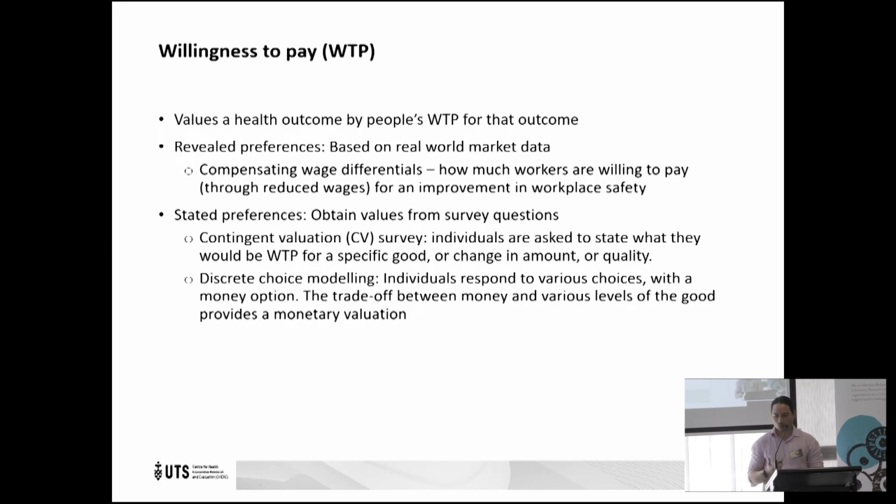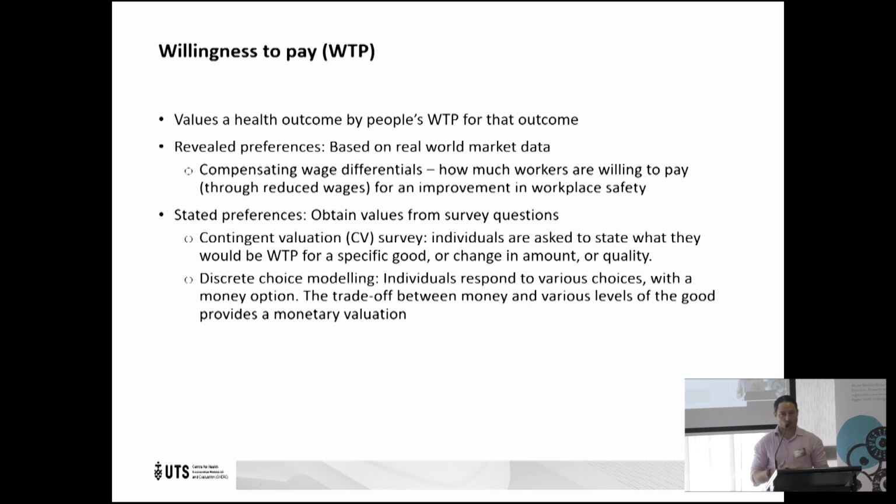The second approach is a willingness to pay approach, and that values a health outcome based on an individual's willingness to pay for that outcome. There are different methods to do this. With the revealed preferences method, people analyse real-world data and look at how people compensate their wages for improvements in safety.